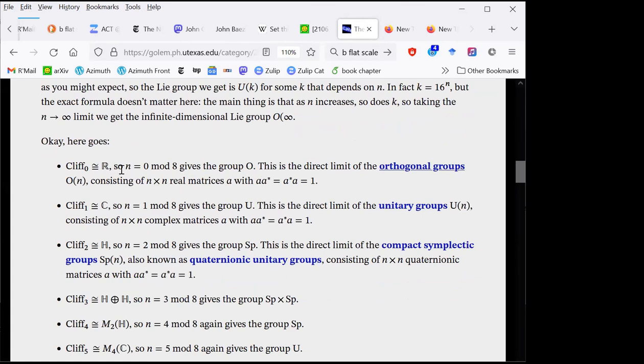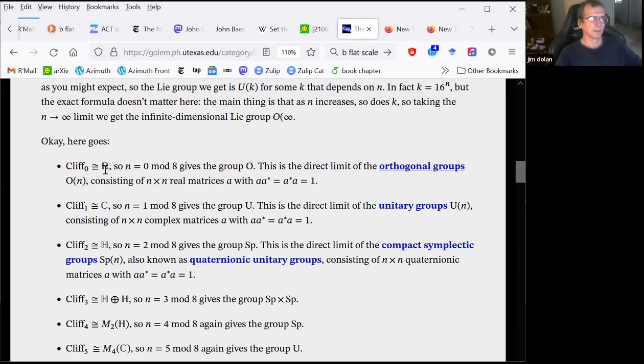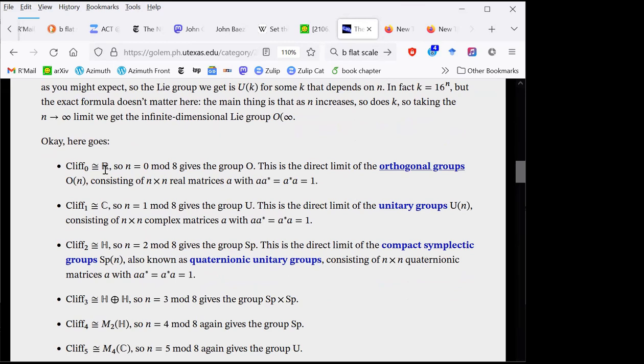So all these Clifford algebras, like the reals, then 8 by 8 matrices of reals, sorry, 16 by 16 matrices of reals, and 16 by 16 matrices of those. Those are all the 0 mod 8 Clifford algebras.